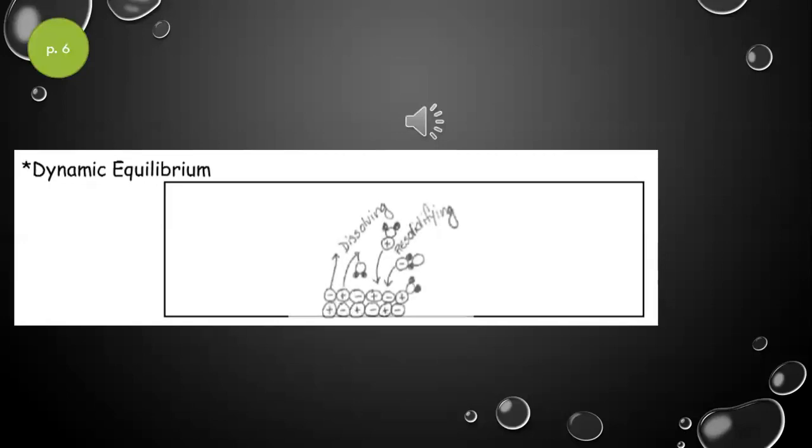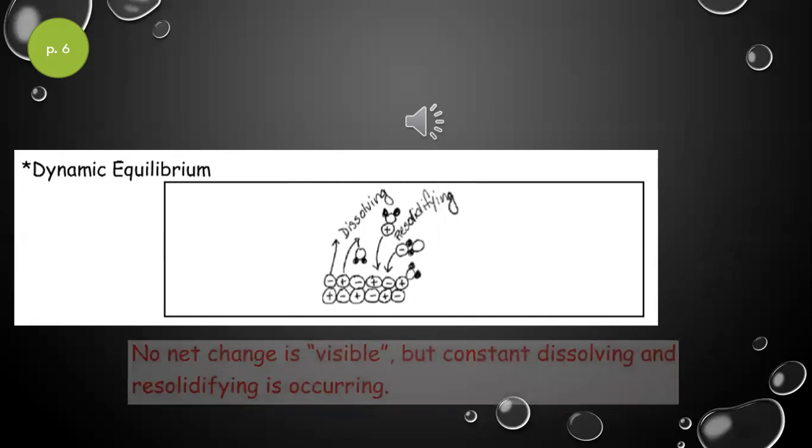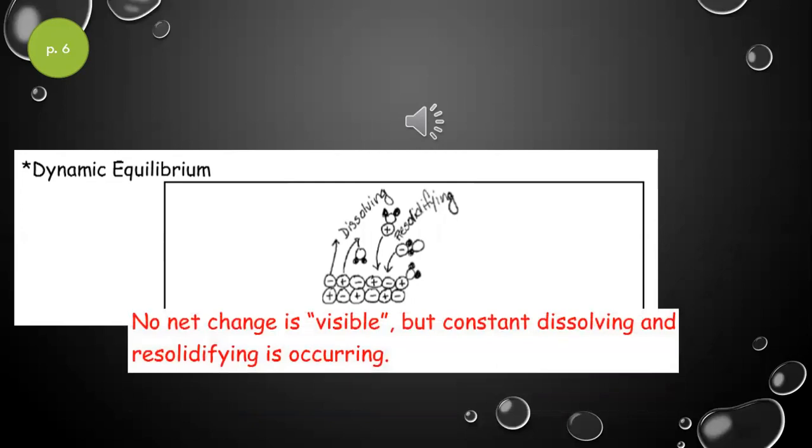The important thing to remember with that situation is that things don't stop happening ever, really, in our world. And so we want to remember that we have a system that becomes a dynamic equilibrium. We're going to be studying equilibrium in our next topic, but it's good to get a feel for this now. What that means is even though we have some stuff sitting at the bottom and we can't really see anything happening with it, what actually is happening is that we have things coming up off of the bottom and dissolving into solution.